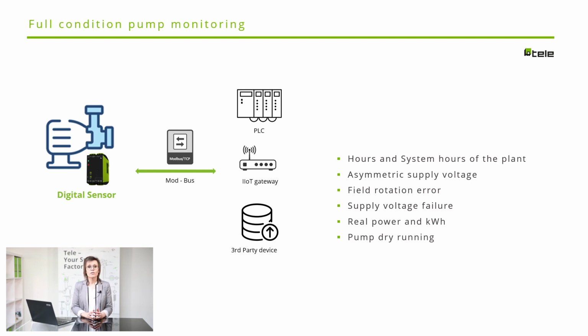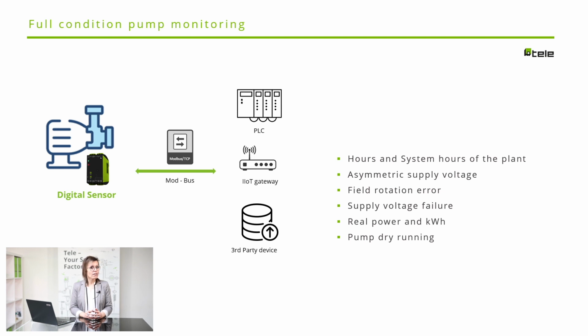Here you can see the different parameters to be monitored: hours and system hours of the plant, asymmetric supply voltage, field rotation error, supply voltage failure, real power and kilowatt hours, pump dry running. In combination with an IIoT device or automation instrumentation with Fieldbus, full condition pump monitoring is possible.